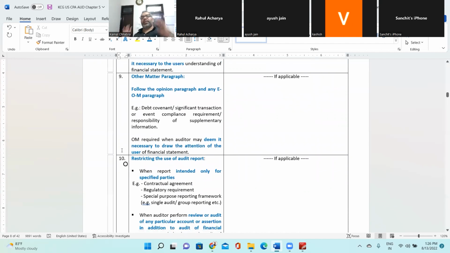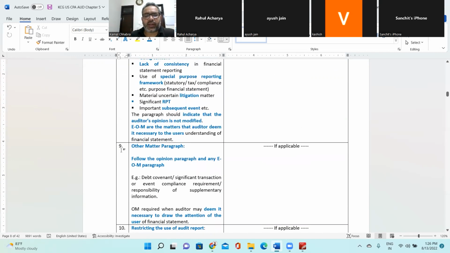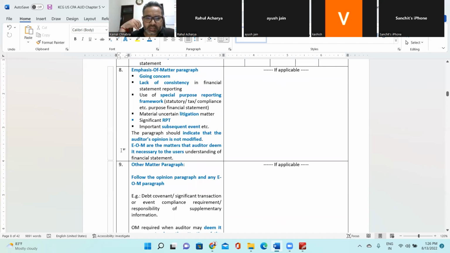So the other matter paragraph follows the opinion paragraph and any emphasis of matter paragraph if there is one. Like we have discussed, emphasis of matter paragraph topics have been defined, and if you feel as an auditor that disclosure is required, then you can add it in EOM.